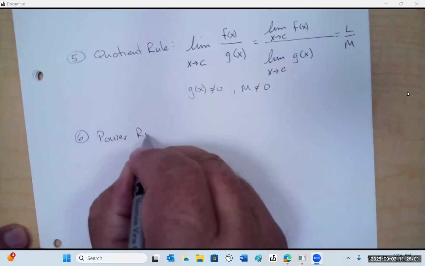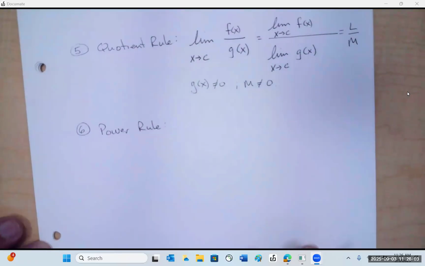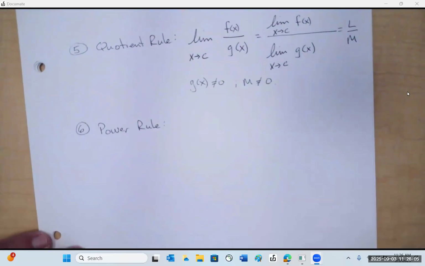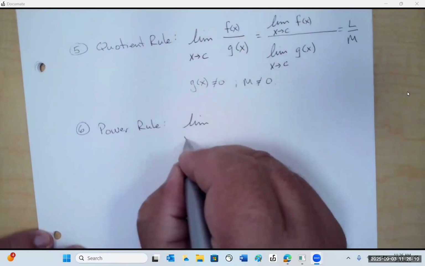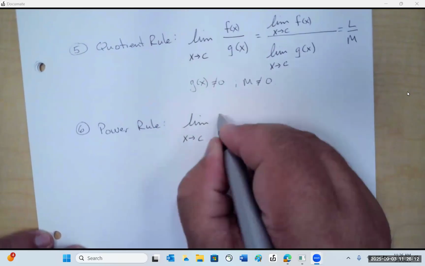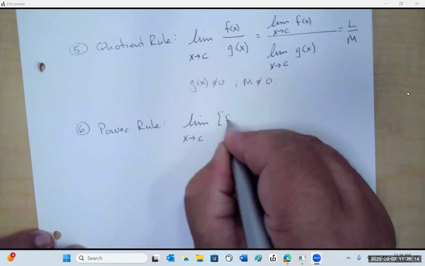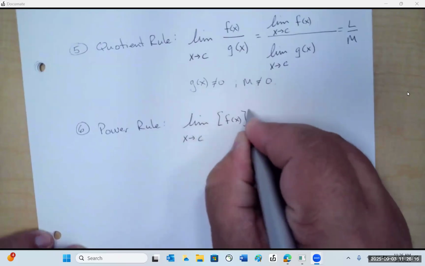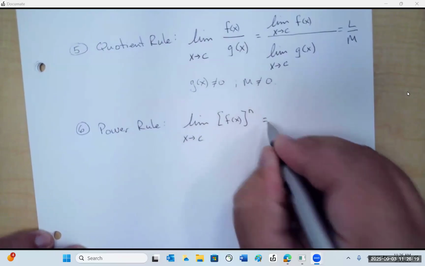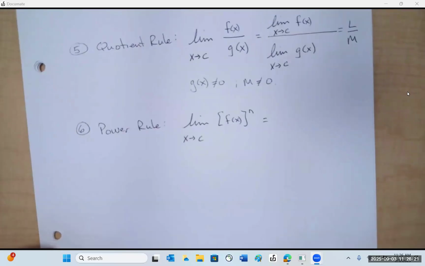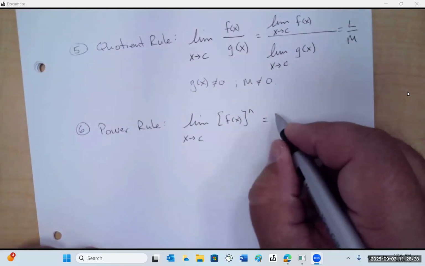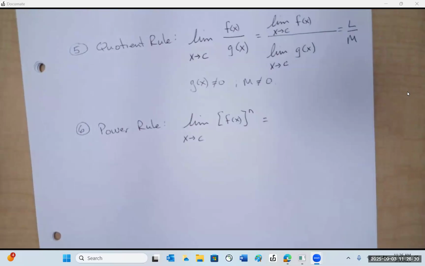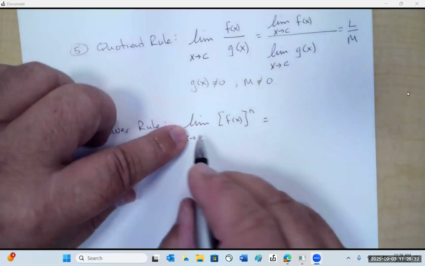The power rule. This one tells us as we take the limit as x approaches c of some function raised to a power, what this is not really true, but what it really means is now we could separate these.